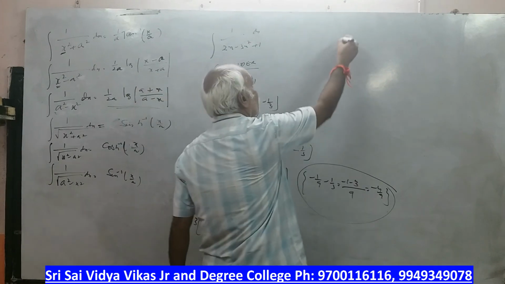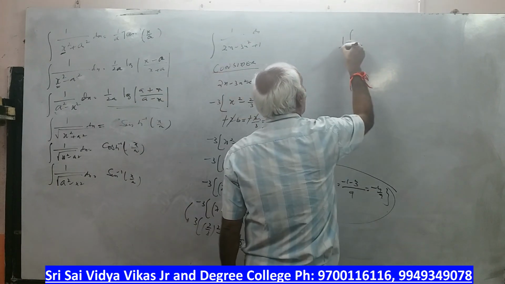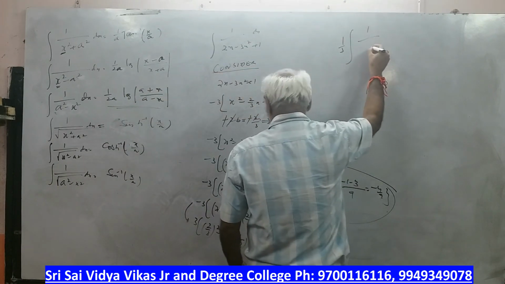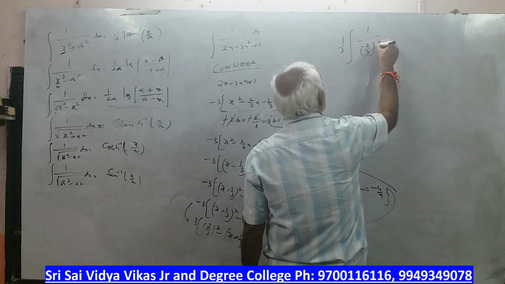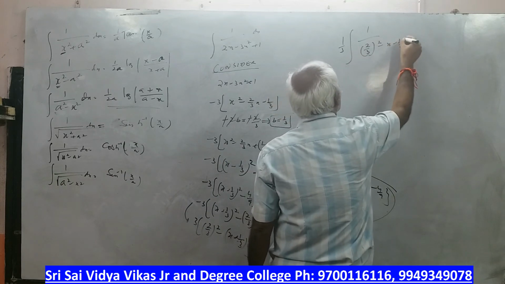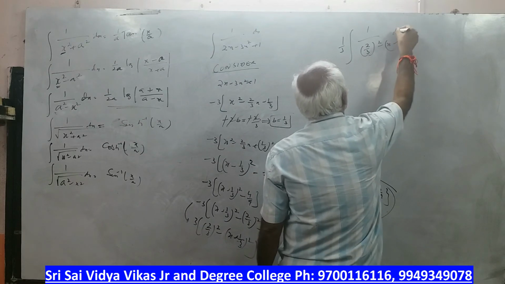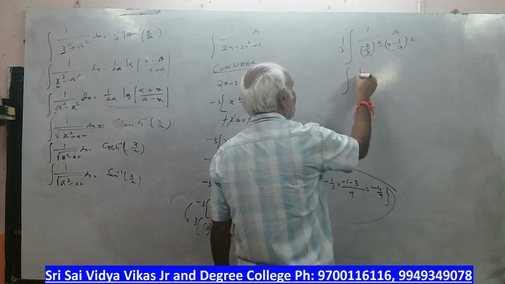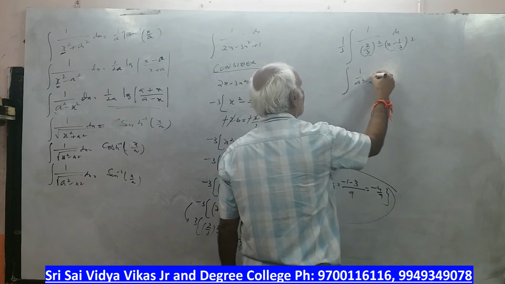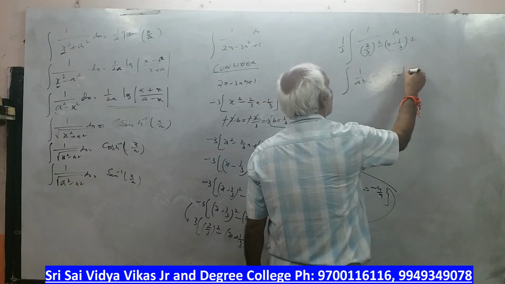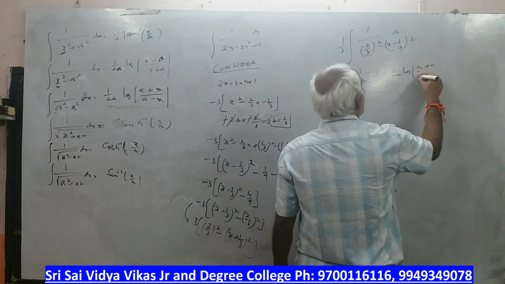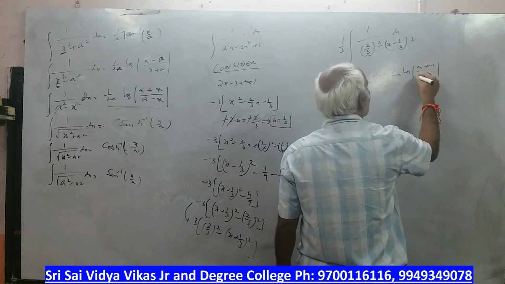So what will happen? Integration of 1 by 3, 1 by 2 by 3 whole square, x minus 1 by 3 whole square dx. So which formula? a square minus x square.